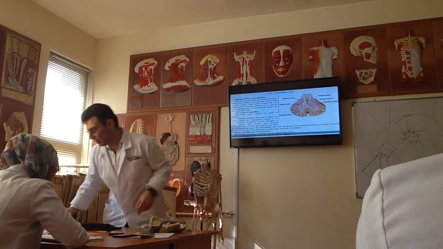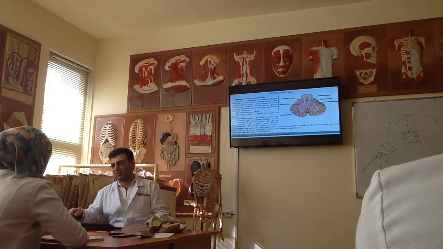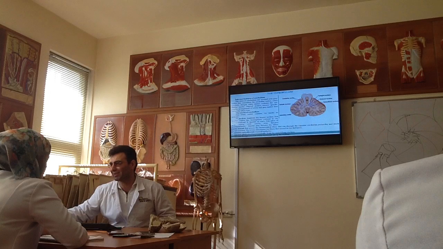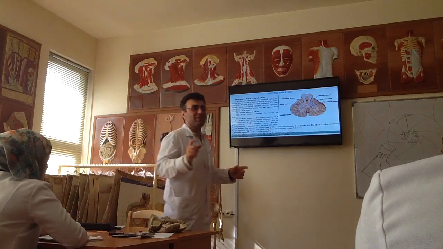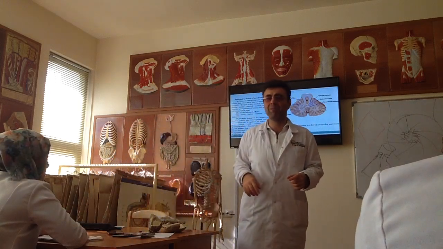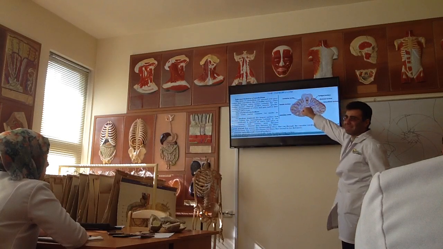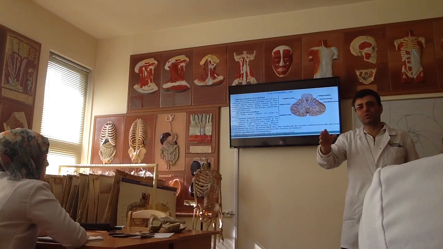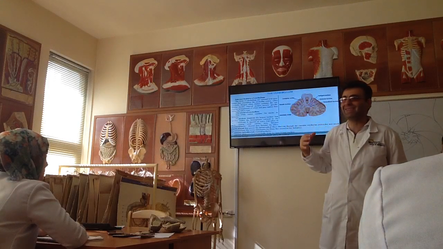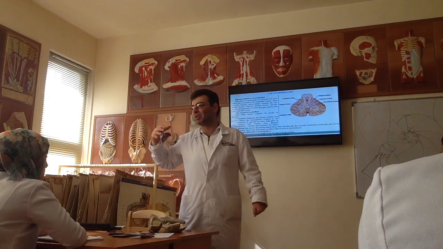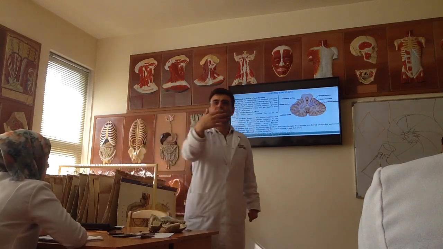Next one is the emboliform nucleus. Look here, please. It is a great, very big nucleus, the nucleus emboliformis. It is located between the nucleus globosus and the nucleus dentatus.